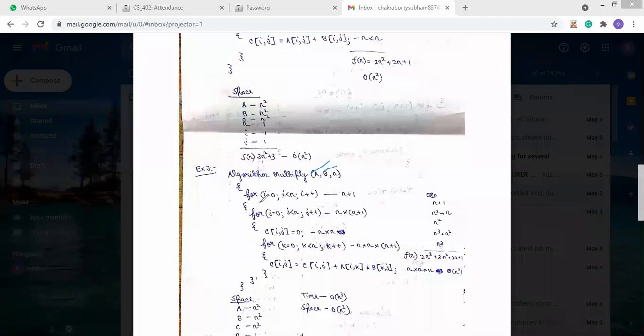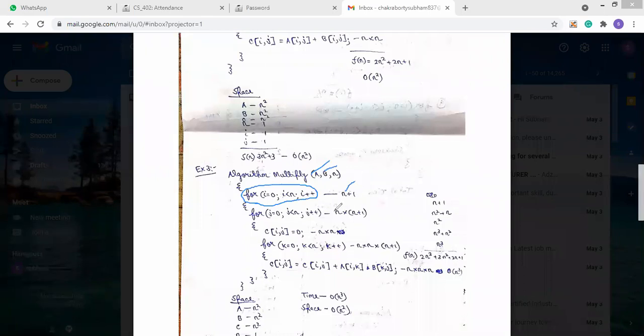So at first, how many times the loop will be executed, how do we consider it? First time, we will consider this loop. For execution of this loop, the value is n, so the loop will be executed n plus 1 times. And inside this loop, all the things present will be executed n number of times.